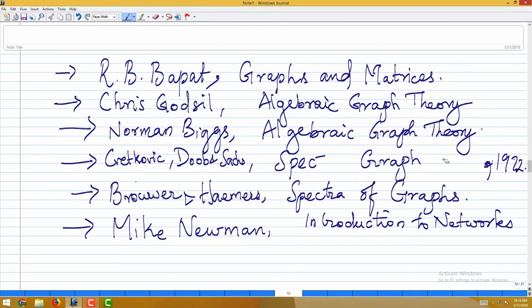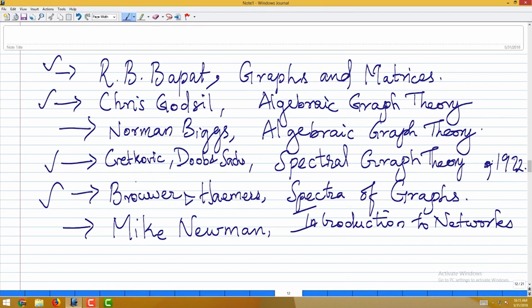Brouwer's is Spectra of Graphs, that I know. This one I was doubtful whether it is Spectral Graph Theory or something else. There are also other books on network theory, from genome networks to social networks.